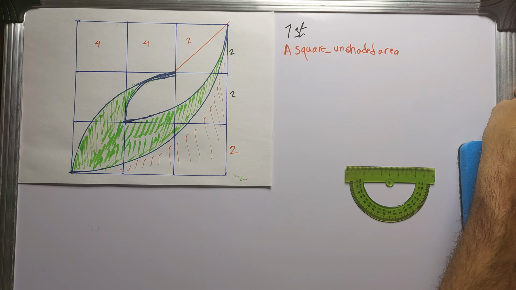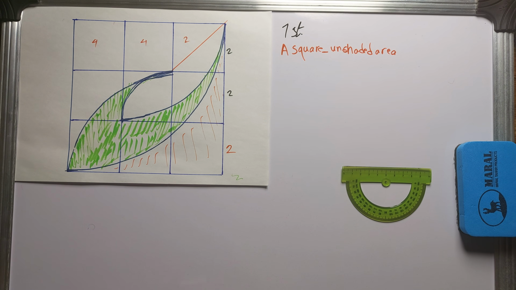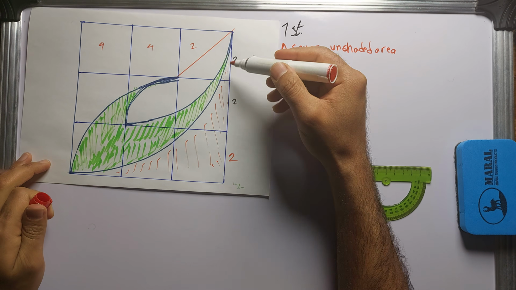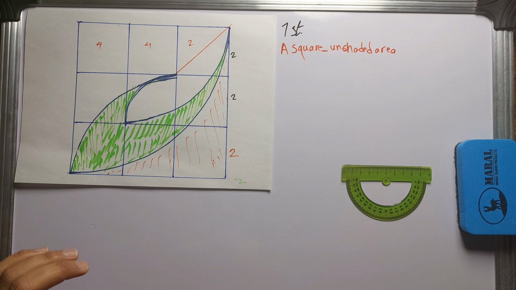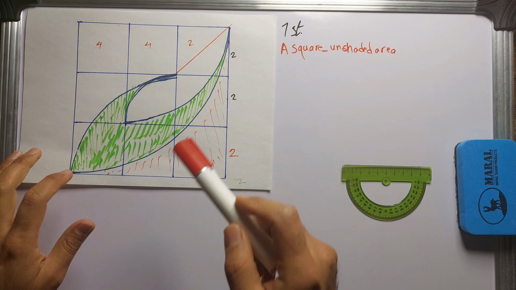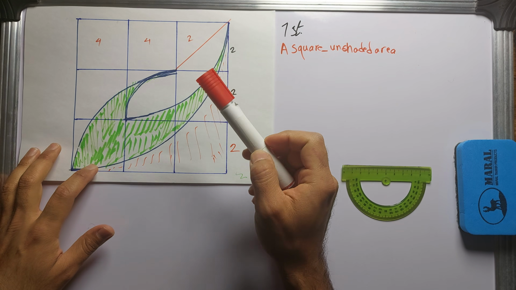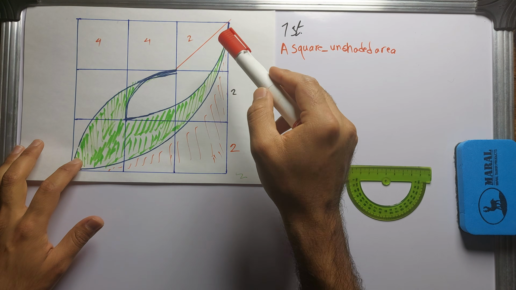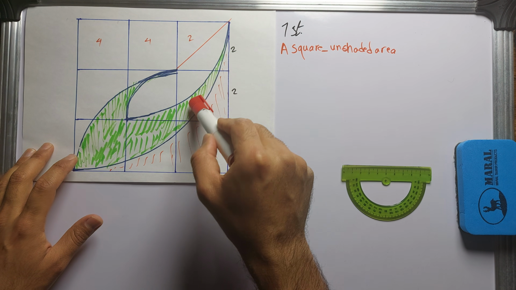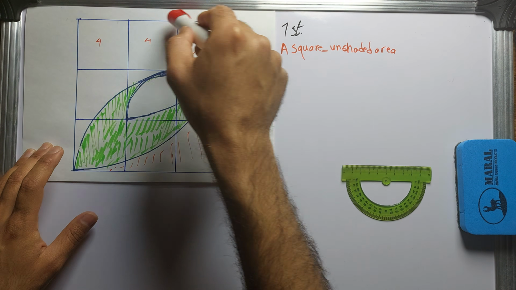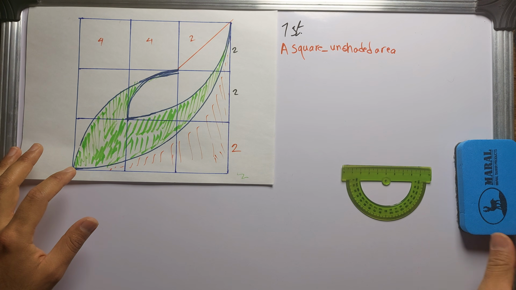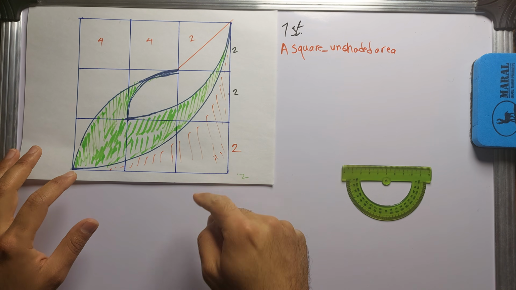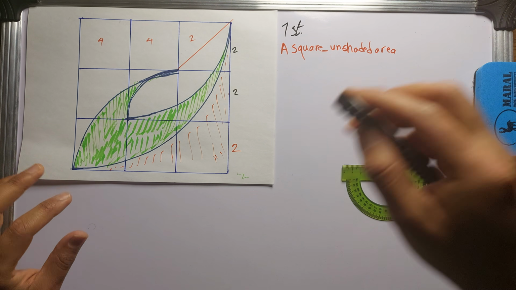Let's go now for this red area here, which starts from here up to here. If we subtract the area of this big quarter circle from this whole big square, what we have is the area of this red part. So let's write it down.